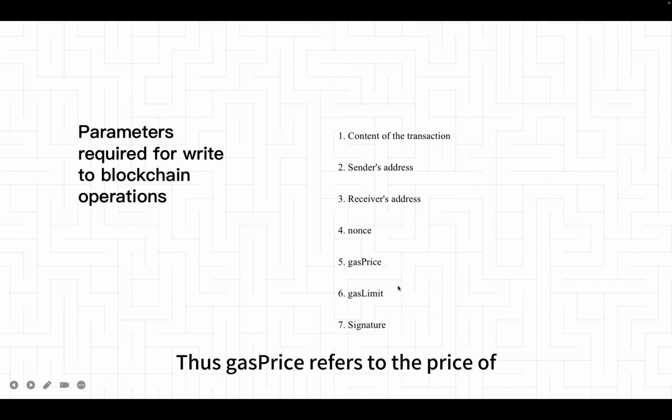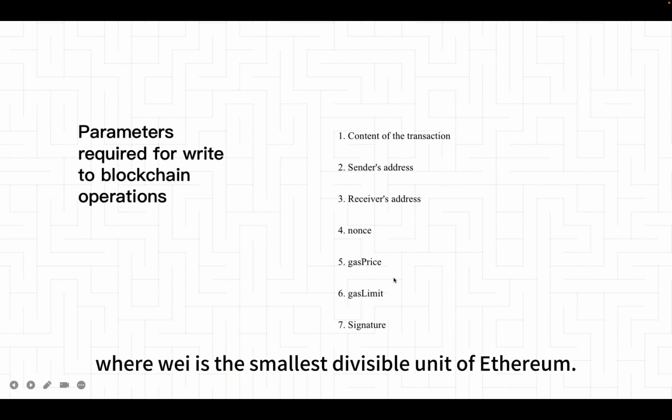Thus, gas price refers to the price of ETH per unit of gas. It is usually expressed in units of wei, where wei is the smallest divisible unit of Ethereum.